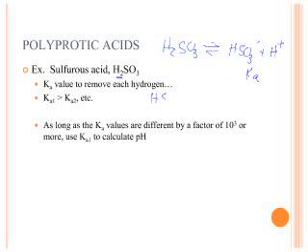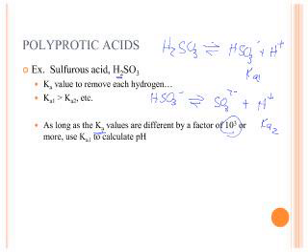And then the HSO3 minus can lose that to form SO3 2 minus and another H plus. So we can talk about Ka1 and Ka2. Right? It's stepwise. Each step only pulls off one hydrogen at a time. But the only thing I really want you to know about this is that if your Ka values differ by a factor of 1,000 or more, it's the first Ka value that matters.